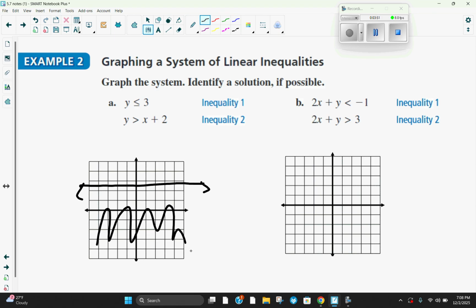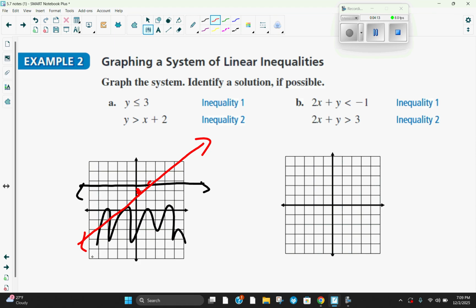And then the second line, I've got a y-intercept of 2, roughly, trying to make that. And then a slope of 1, so up 1 over 1. So my line's going to look something like that.